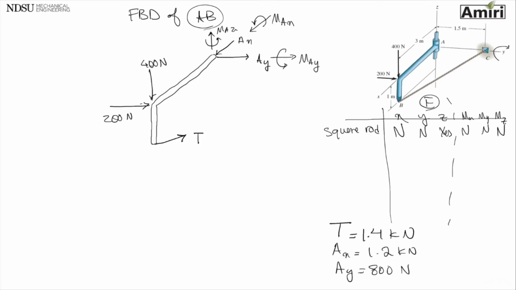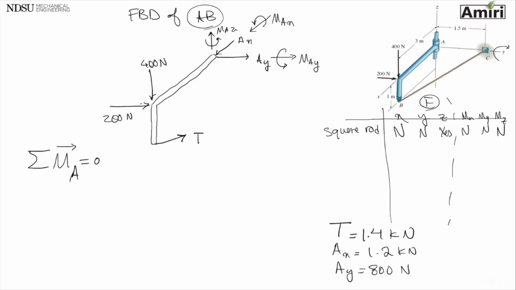Okay, so that was in forms of vector format. The other thing that I want to do, let's take summation of moments in vector form about point A equals 0. Okay. So for this one, I have to write everything in vector format.